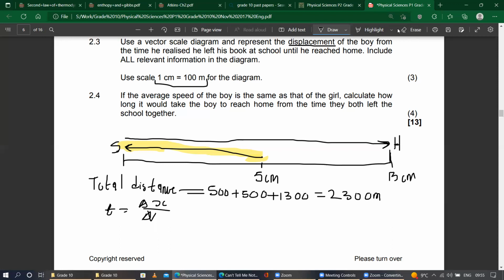Let me just erase this one and this one. That's fine, right? Yeah.